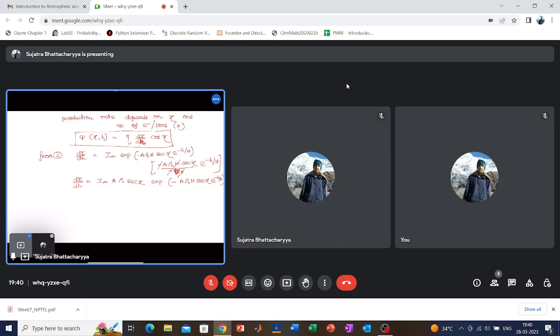So that will be, not plus, it will be just exponential of minus h by capital H. Therefore it will be I infinity a rho naught secant chi exponential of minus h by capital H minus a rho naught h sec chi e to the power minus h by capital H. Fine.